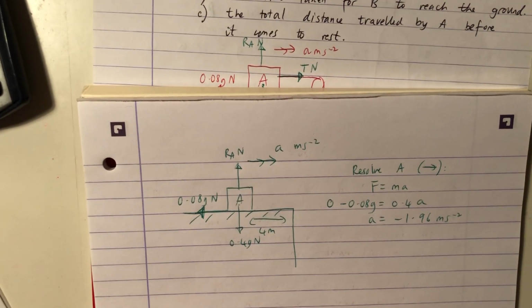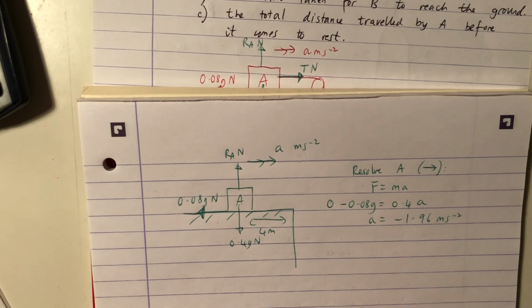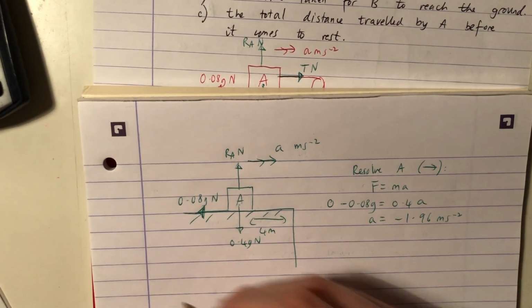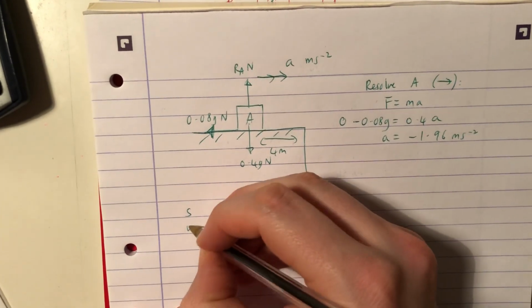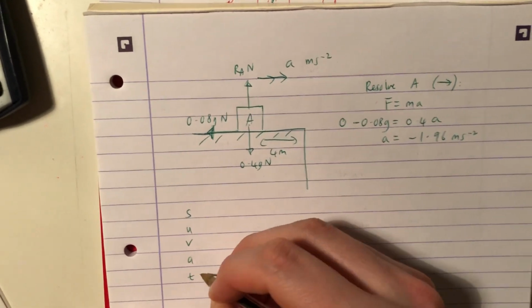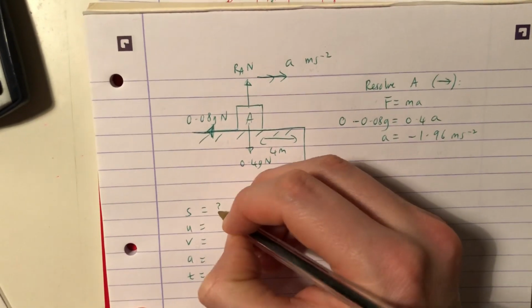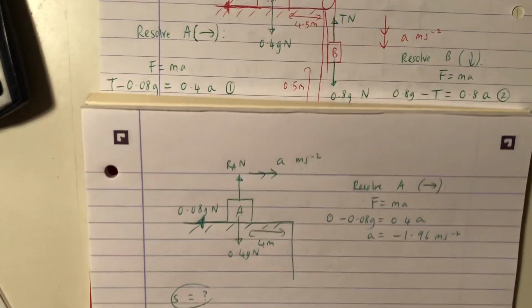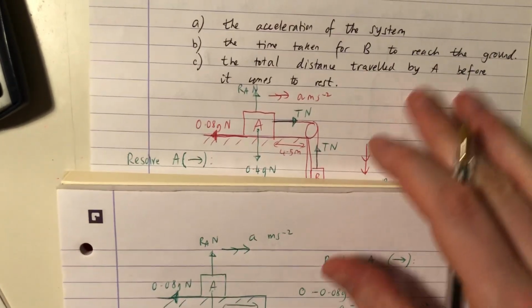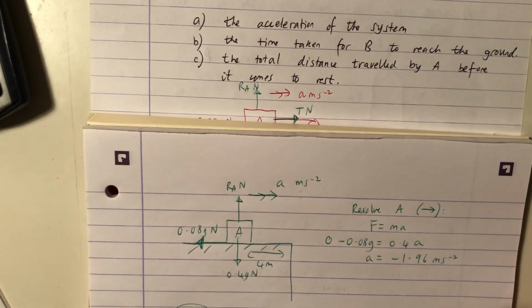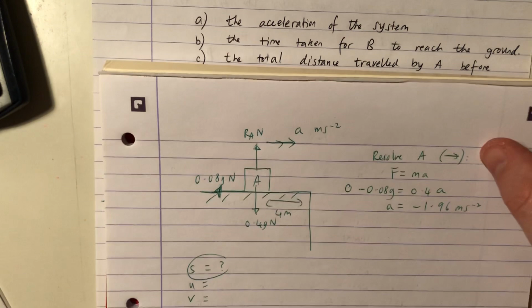Okay. Let's see if we can do that. So S, U, V, A, and T. S is the thing we want to work out, by the way. It was, if you remember, total distance travelled by A before it comes to rest.